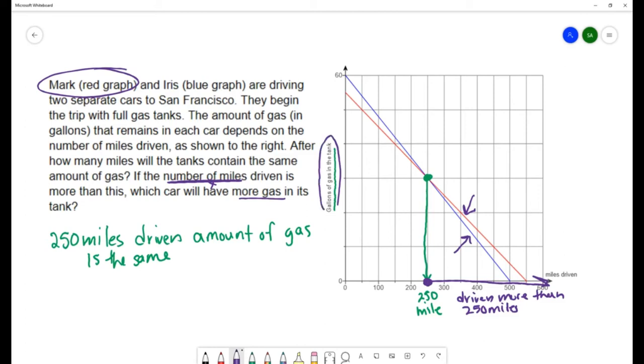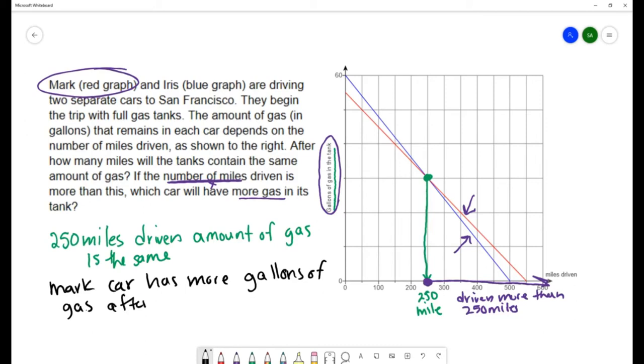Remember, the Y part is the gallons in the tank. So Mark's car has more gallons of gas after 250 miles driven.